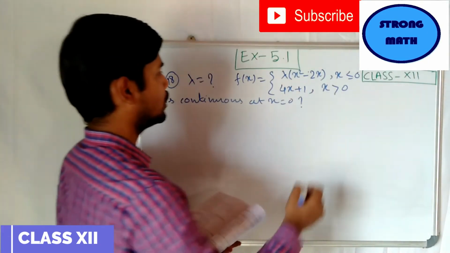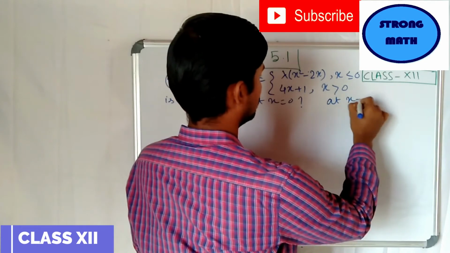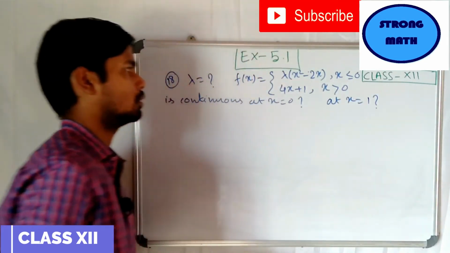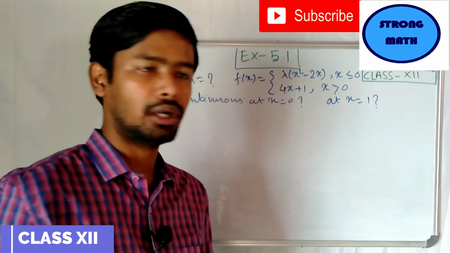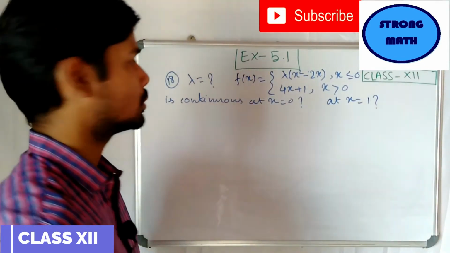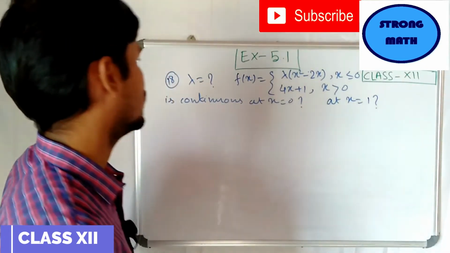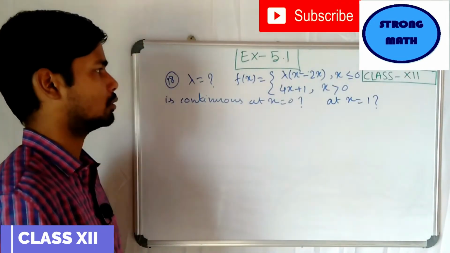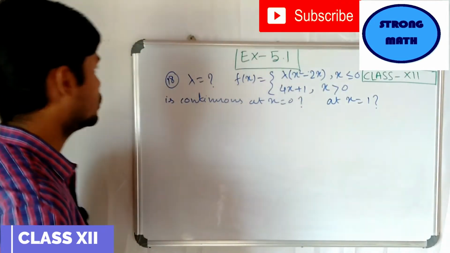For what value of lambda is the function continuous at x equals 0? What about the continuity at x equals 1? So at first we have to find the value of lambda such that this function is continuous at x equals 0.